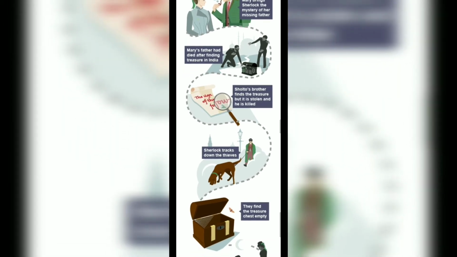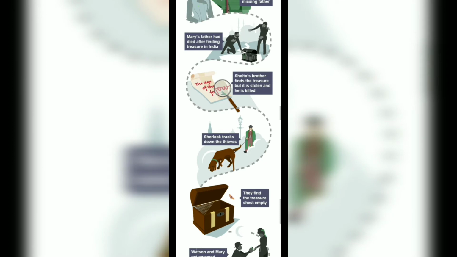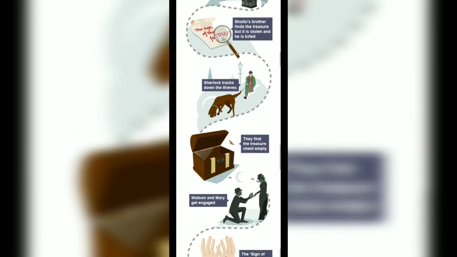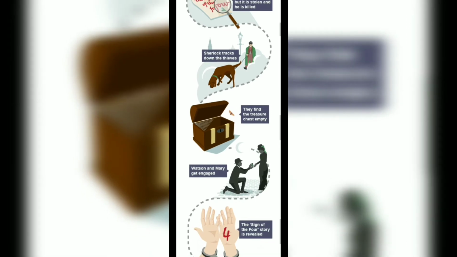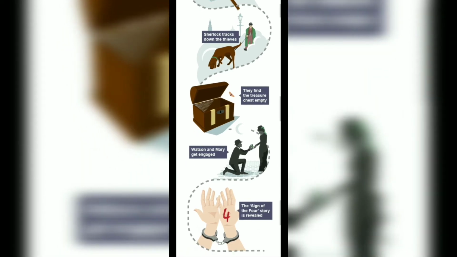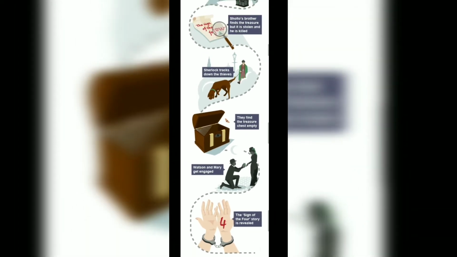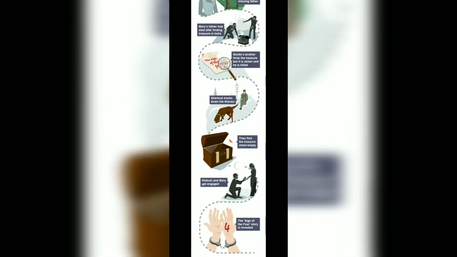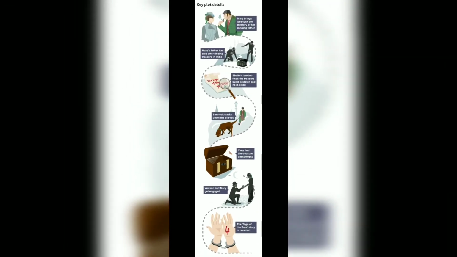Then Sherlock tracks down the thieves with the help of a dog named Toby, and finally they find the treasure chest empty. At the end of the novel we see Watson, Sherlock Holmes' friend, and Mary Morstan get engaged, and the Sign of Four is revealed, and we have already discussed the significance of the title in the previous video. So these are the key plot details of the novel.